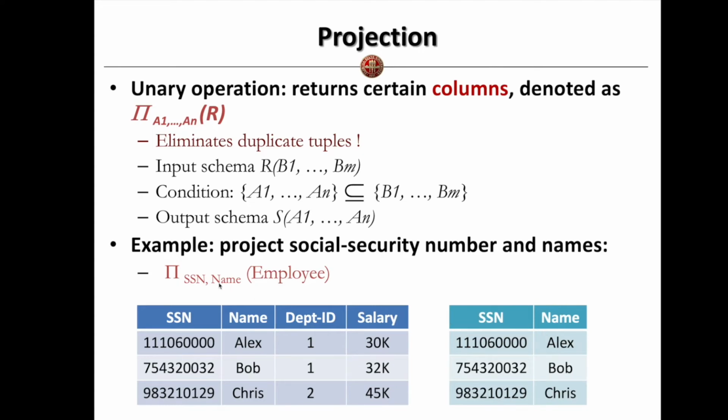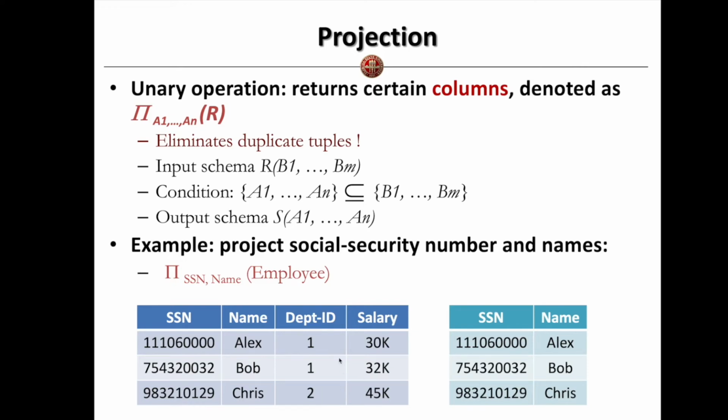And we also check this SSN and name that both exist in the original relation. In other words, the condition is valid. And we can get the output as shown here. SSN, name, they are the attributes in the output table and the relation. And let's further check the data tuples we have in the output.